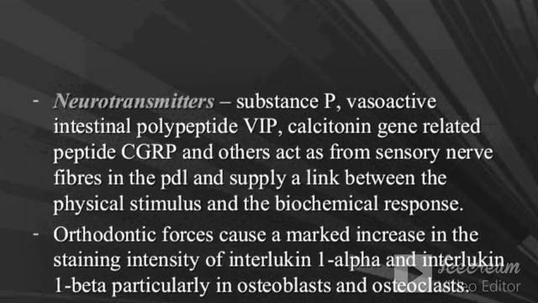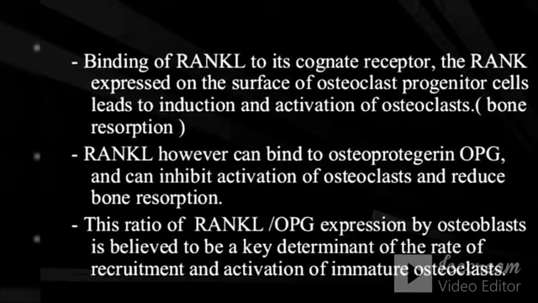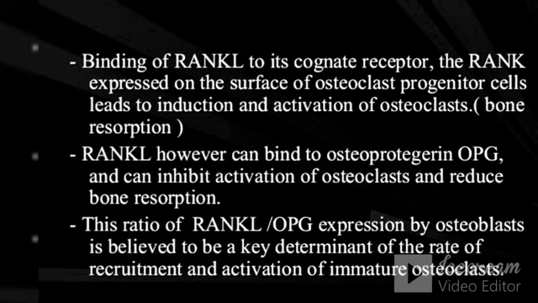RANKL is a protein found on the surface of osteoblast lineage cells, where it stimulates osteoclastogenesis by binding to RANK, which is receptor activator of nuclear factor kappa B. RANK is a transmembrane protein located on osteoclast progenitors and osteoclasts. The binding of RANKL to RANK is essential for stimulating osteoclast formation and activity and for promoting osteoclast survival.